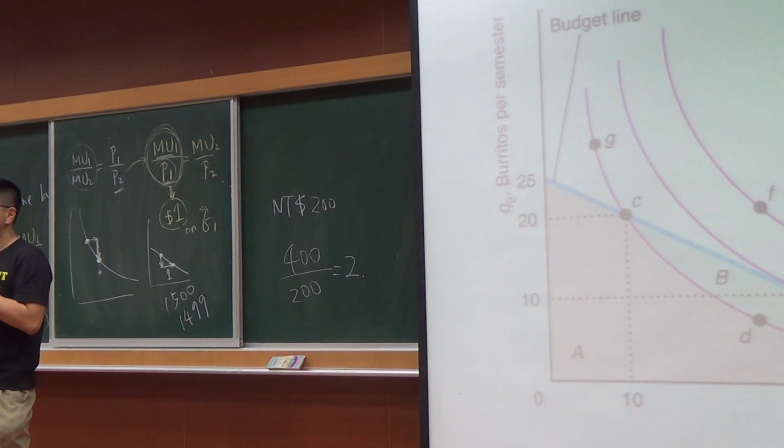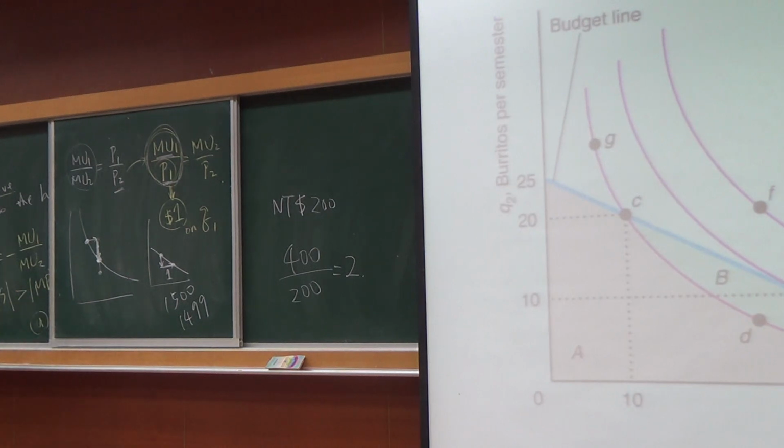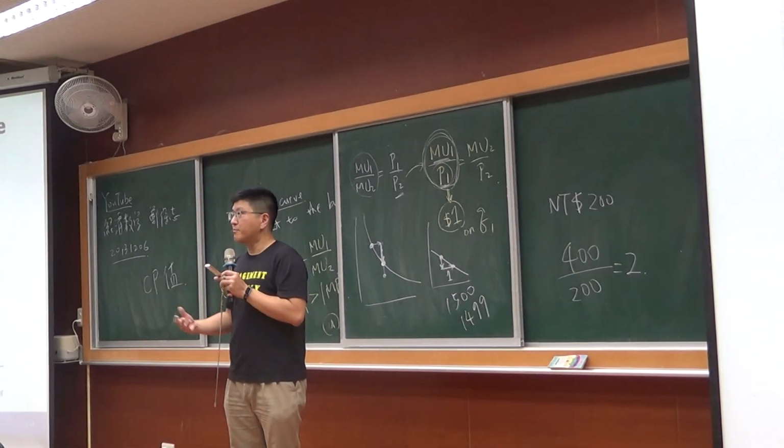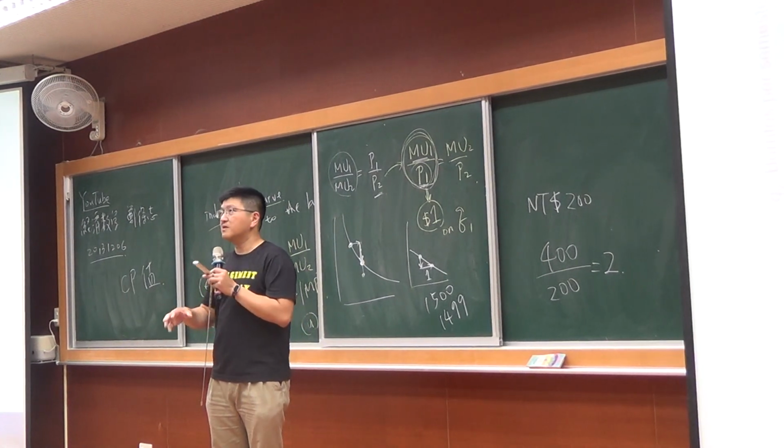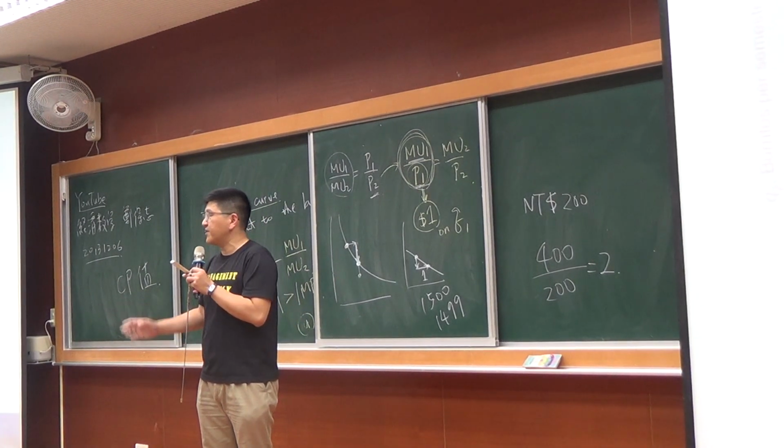Is that clear? Or, I know someone prefers the so-called CP value. How do you utilize your income, or how do you allocate your money on different goods or on different kinds of opportunities of investment?